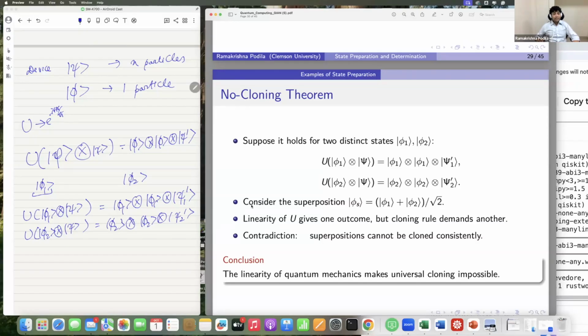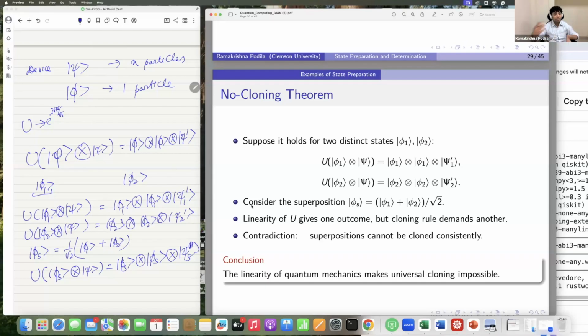Now, if I consider a superposition state like phi s, which is 1 over square root 2 times (phi1 plus phi2), and I want to make a clone of this, that is, I want to do U on phi s with psi, then what I should get is phi s, again phi s, with the device in some state, let us say psi s prime.